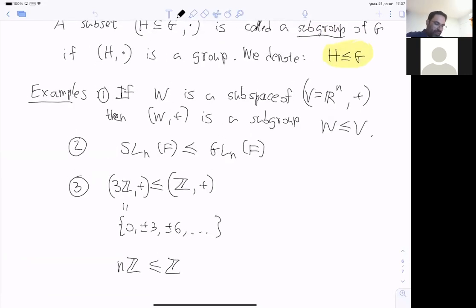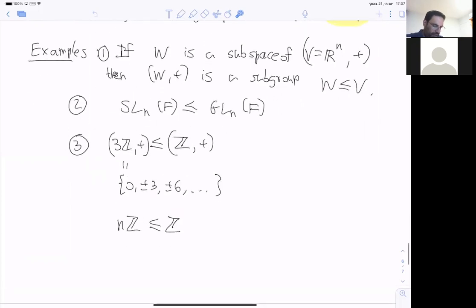A subgroup is like a subspace; subspace is a particular case. It's a subset which satisfies all the properties of a group. I'm just recalling: we had the general linear group, all matrices with determinant not zero, and here all determinants are one.